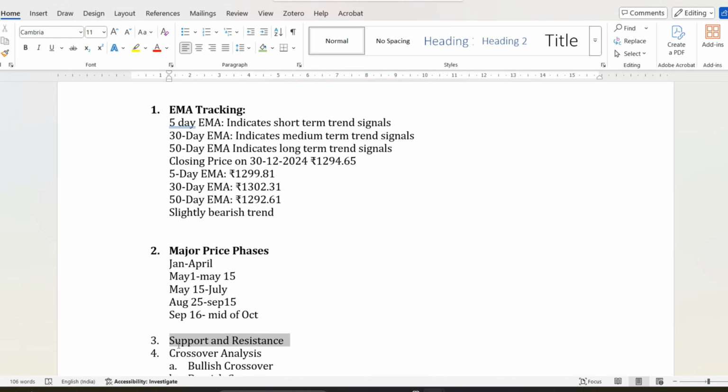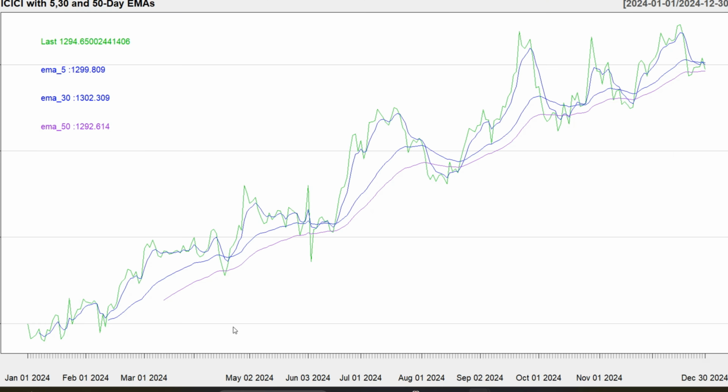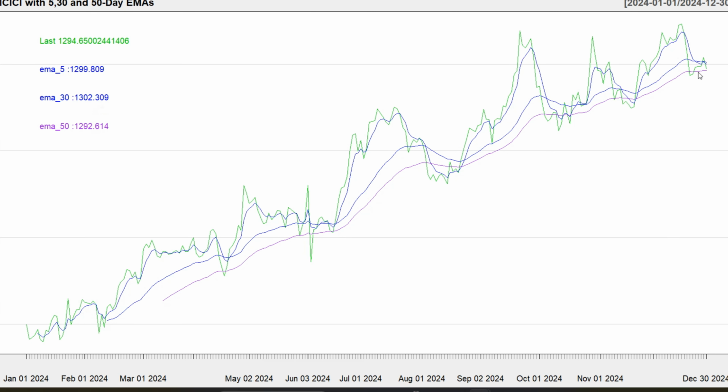Next one, support and resistance. Here again, other things we are not considering in the chart, where it is the support. The support, we can say it's not crossing, but the closing price crossed that long-term EMA, though it is recovering. So we can expect a kind of bearish one.